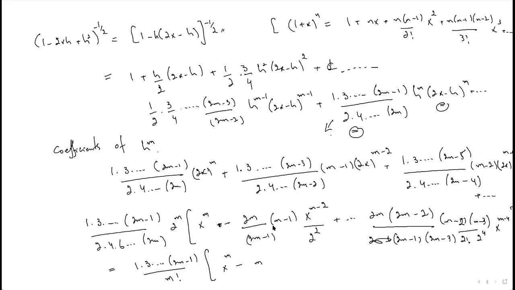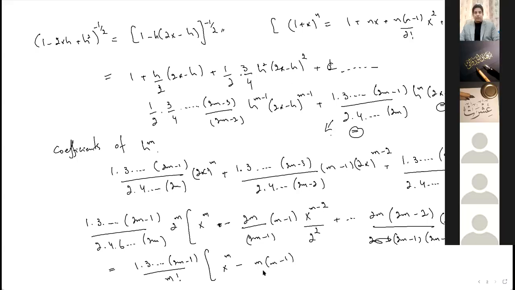So I will write this simply as m into m minus 1 divided by 2 into 2m minus 1, x raised power m minus 2, right, because this will be 2 raised power m minus 2. How is it happening? Here it goes up, 2 minus 2, and this 2 will be 2 raised power m minus 1.